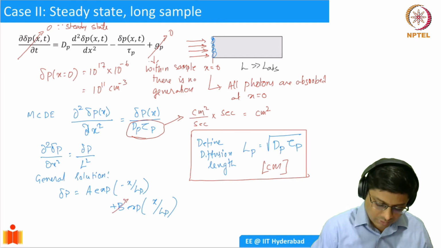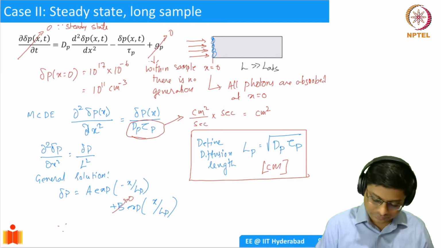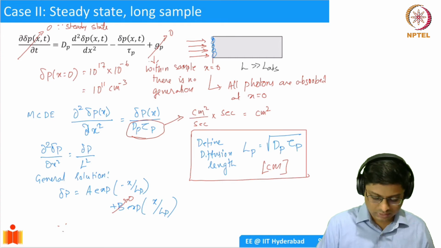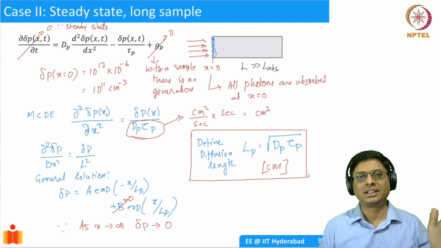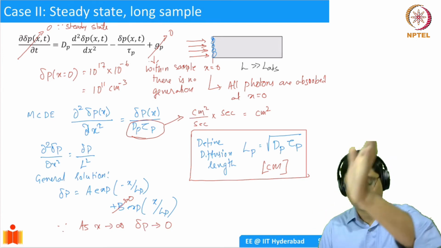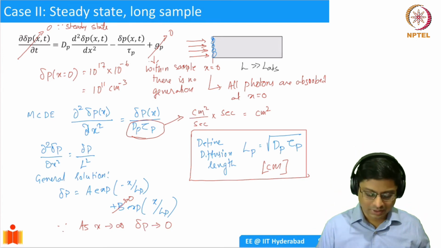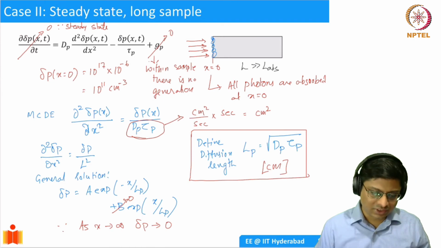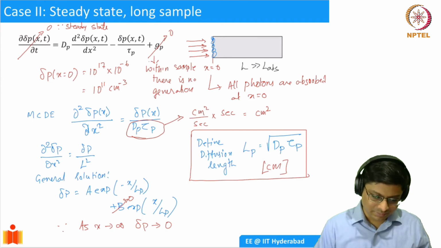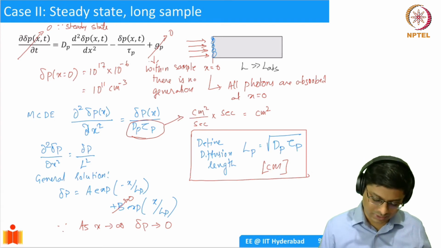B goes to 0 because as x tends to infinity, delta p has to tend to 0, because you're only having light at the left edge. As you go farther into the semiconductor, the carrier concentration has to drop. So because of that, B has to be 0. Therefore only the A term is remaining, and we can find out how to solve for it.